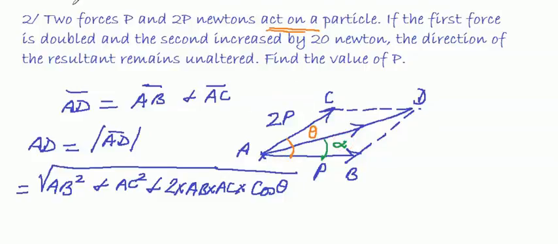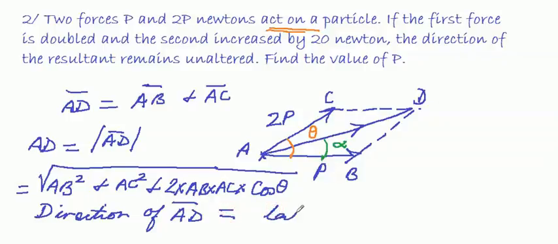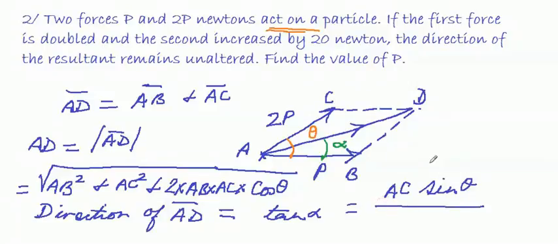So angle alpha can be obtained as tan alpha, that's equal to AC sin theta upon AB plus AC cos theta.